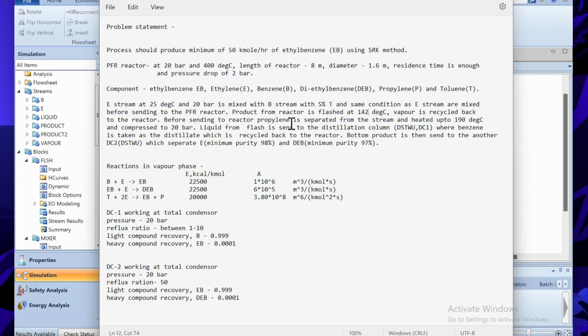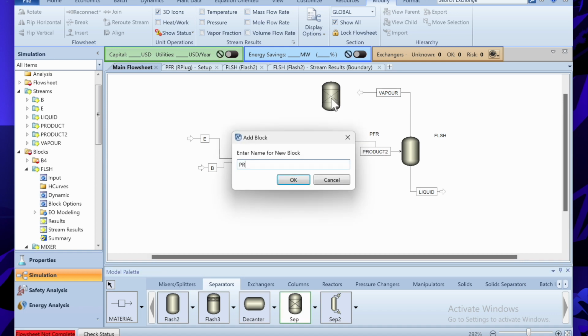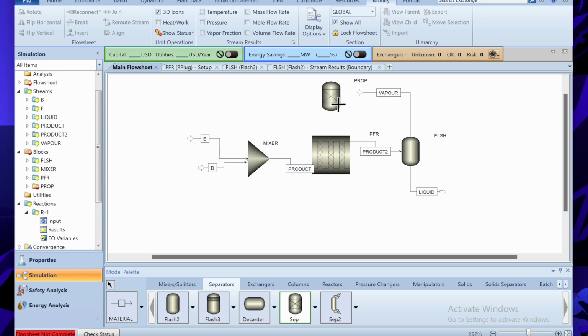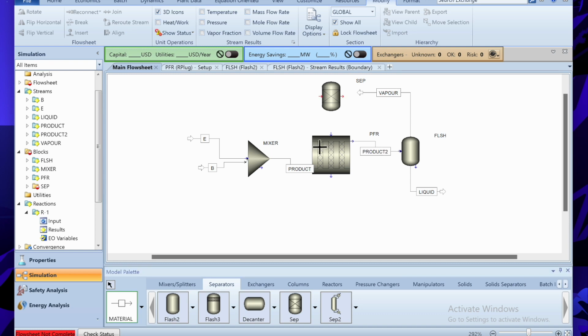So you have to separate the propylene from the stream. Okay, separate the propylene.